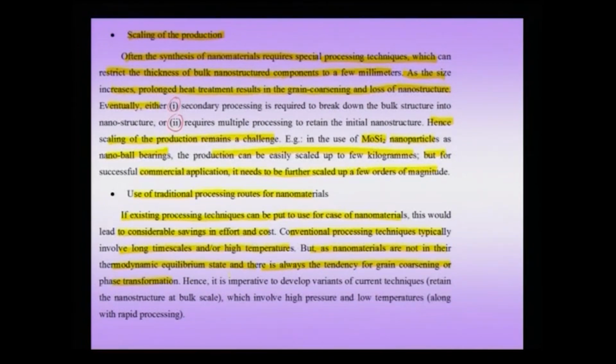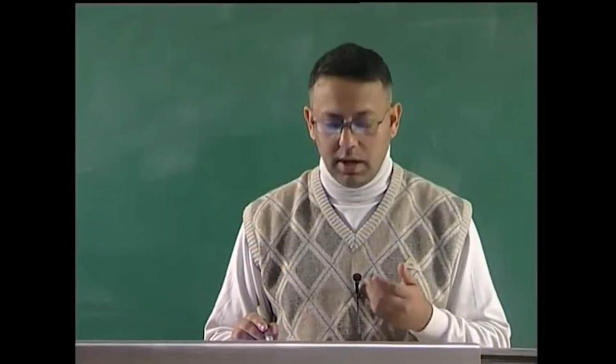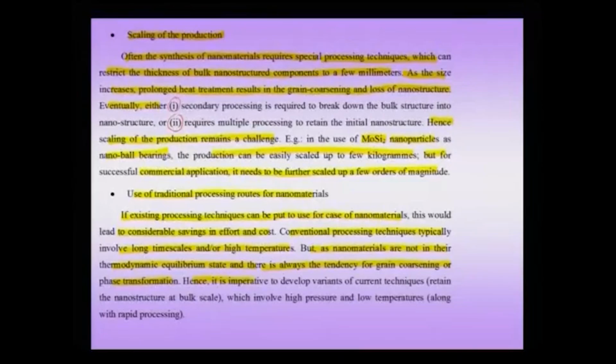Hence, in other words, a loss of the nanostructure in the general sense. Hence, it is imperative to develop variants of current techniques which involve high pressure and low temperatures, and which will also give me nanostructured bulk material in a short time scale.